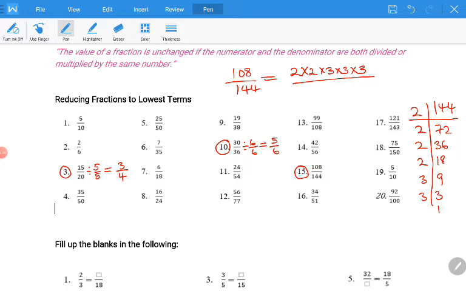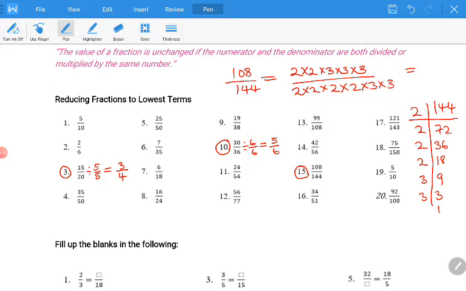So 144 is equal to 2 times 2 times 2 times 2 times 3 times 3.